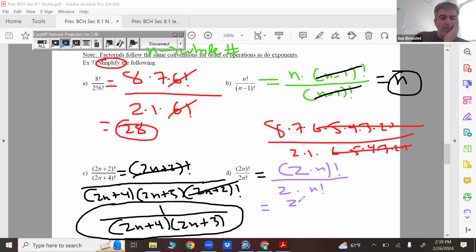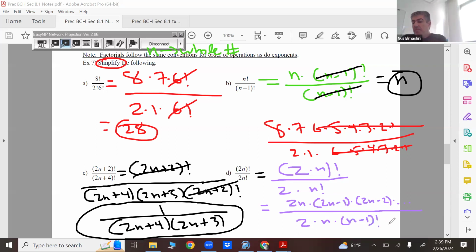You're going to have 2n times, and down below, I'm going to have this. I'm not sure if this really simplifies as well as I want to, but what cancels? What can I cancel?